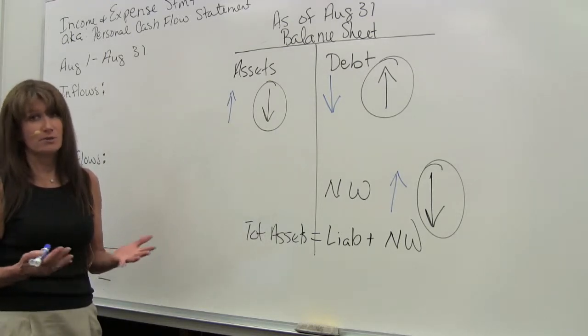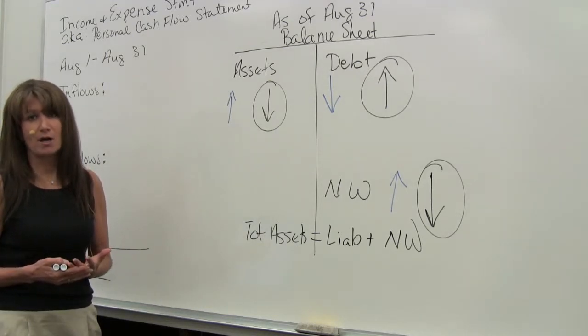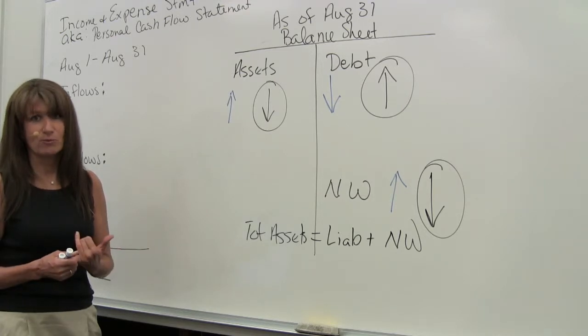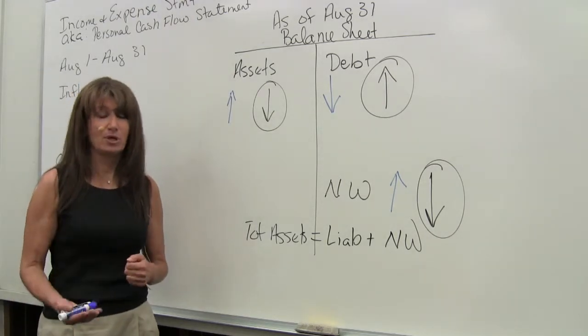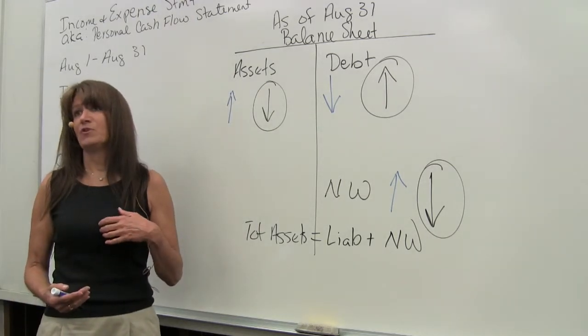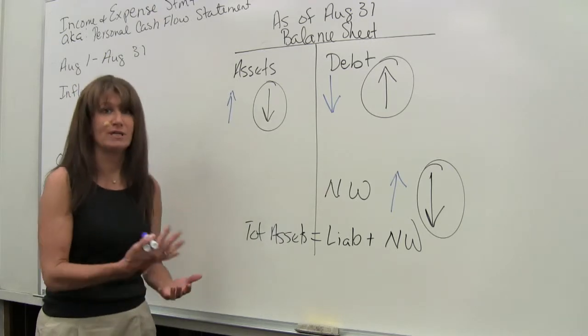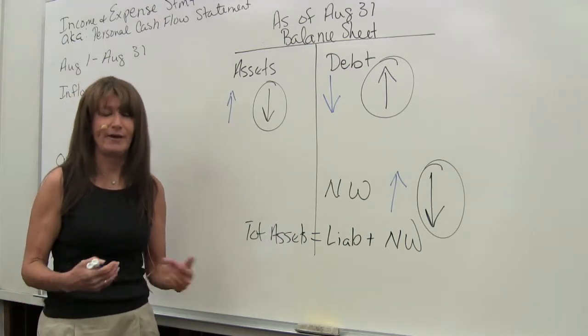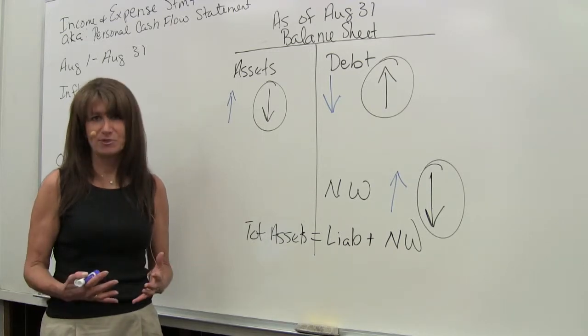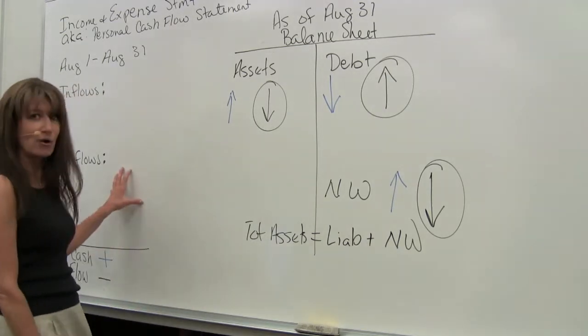So, you know what your expenses are. The usual expenses are things like rent or house payments, utilities, cell phone, cable TV, books, food, insurance, all of medical expenses, child care, all of those types of things would go under outflows.